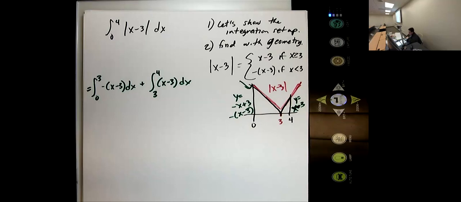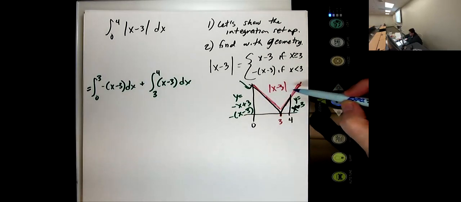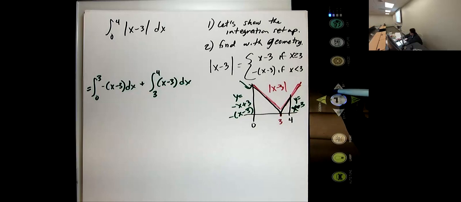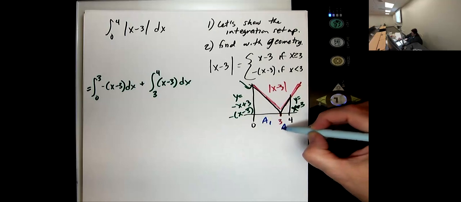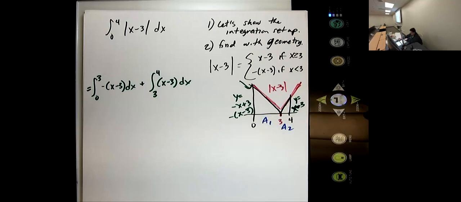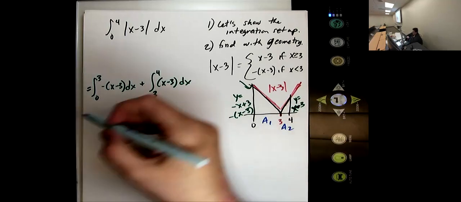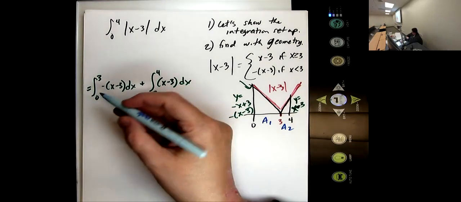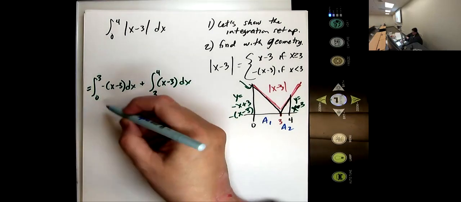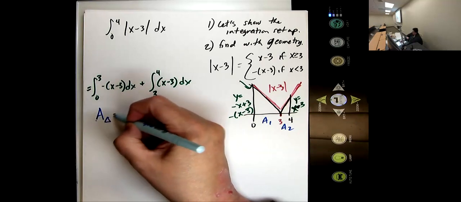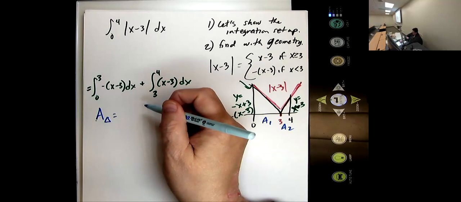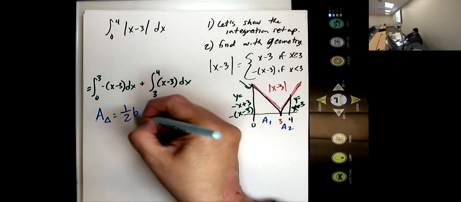A.2. All right. Geometrically, what do we got going on here? This is a triangle. So we call this A1 and A2. So triangle, what's the area of a triangle? 1/2 base times height.